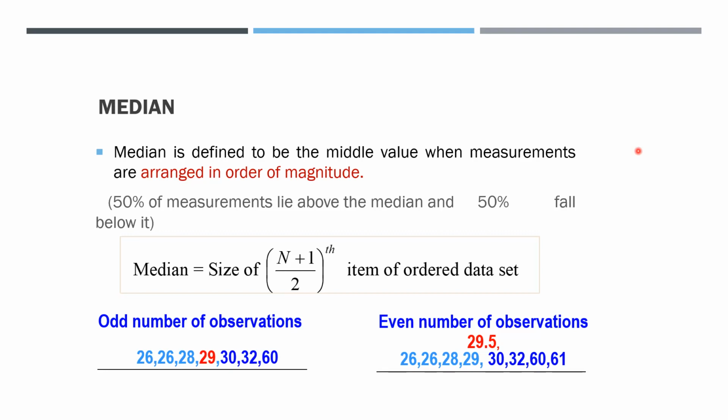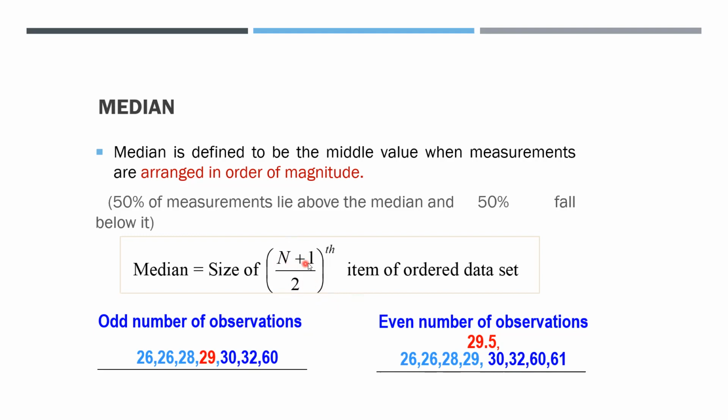First of all, you have to arrange your data set according to a certain order. And then, this is the formula. For example, if you have 5 observations in your data set, then n is 5, plus 1 over 2.